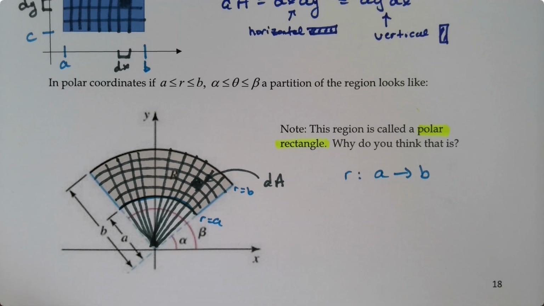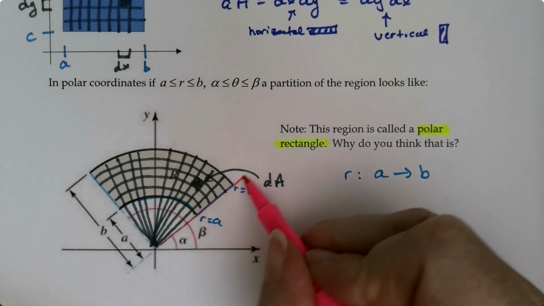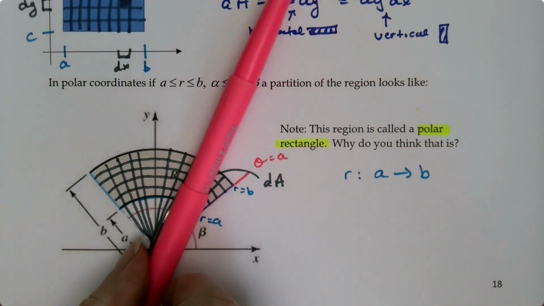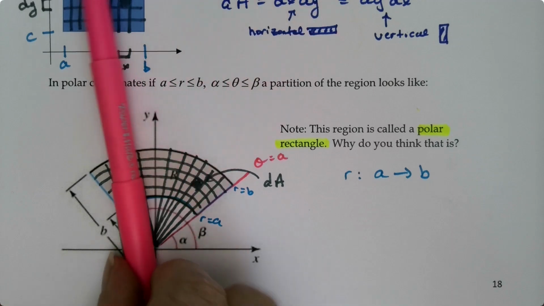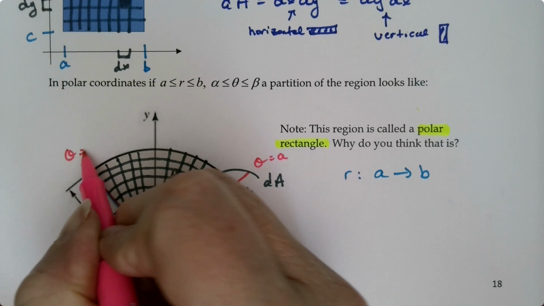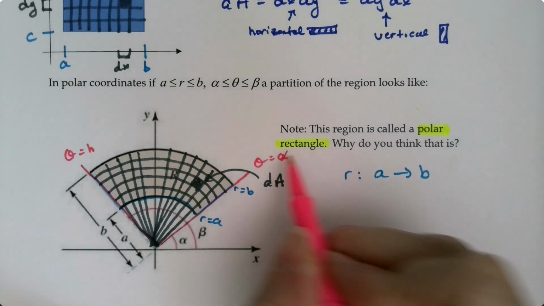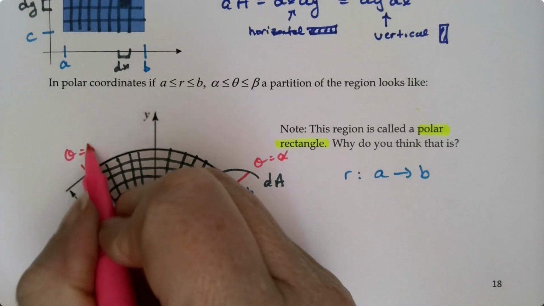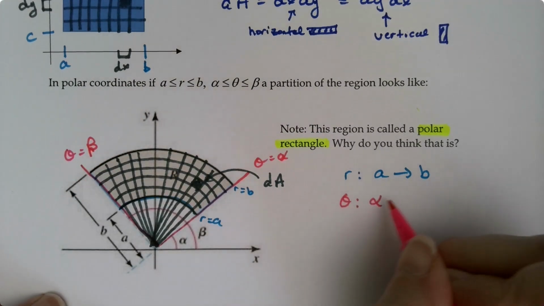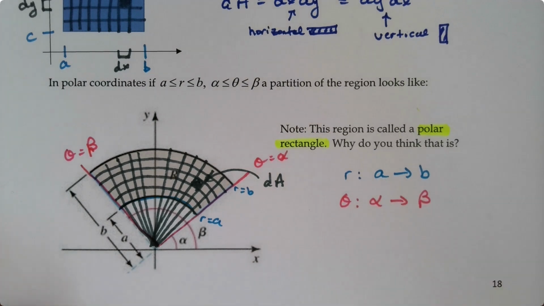Theta is your angle. So theta starts over here at theta equals alpha, and it goes through along the pole and ends up over here at theta equals beta. They like to use Greek letters for angles.